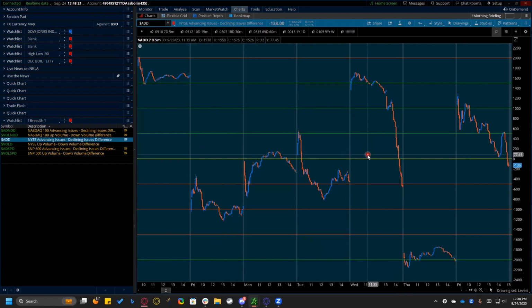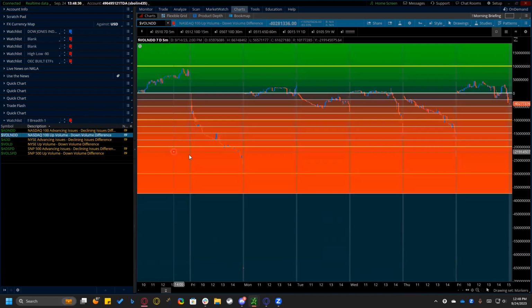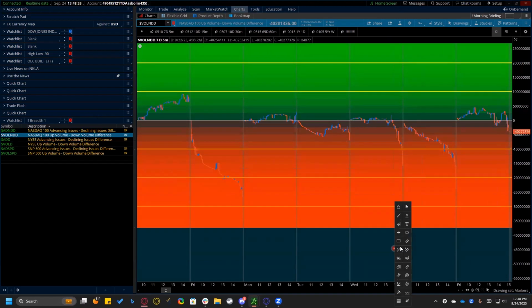Those lines are just set up by using your drawing tool, something like price level. And if you wanted to, you could even add different colors like this, right? You could use the rectangle, put a box on there, and provide it with different colors to give you a gradient of the strength of the move, right?